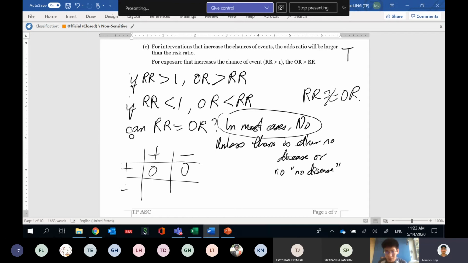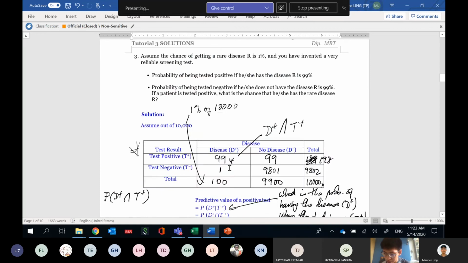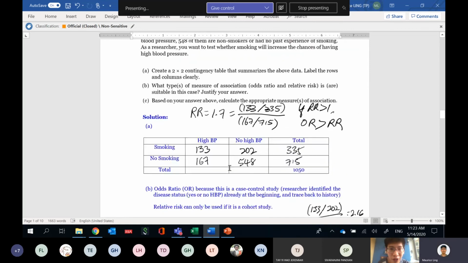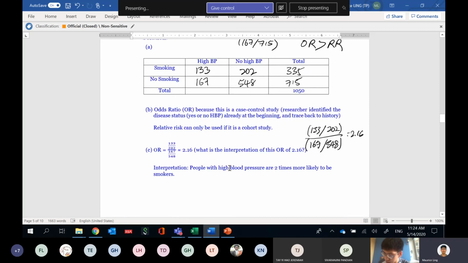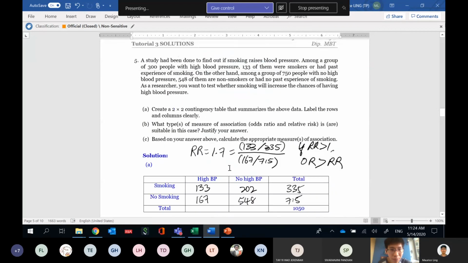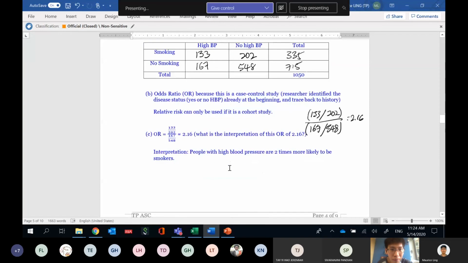Any other questions? Sir, may I ask regarding question 5C about the calculation of the appropriate measure of association. In the answer scheme, there's an interpretation mentioned.